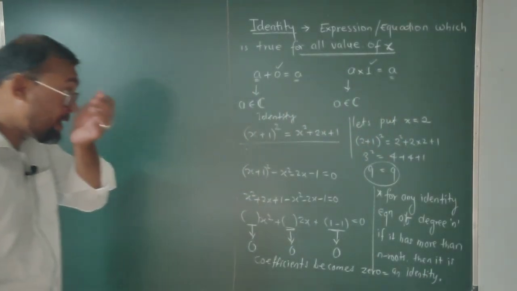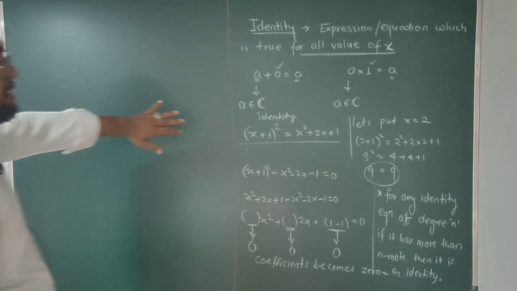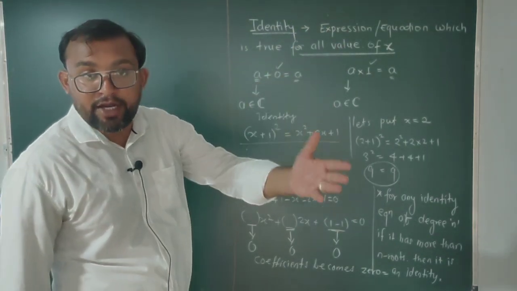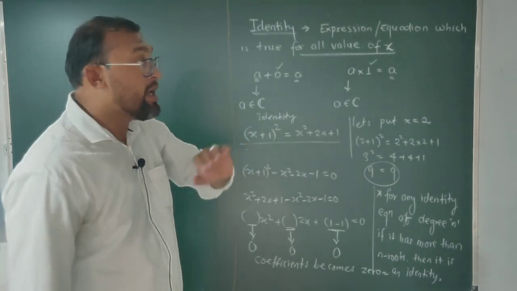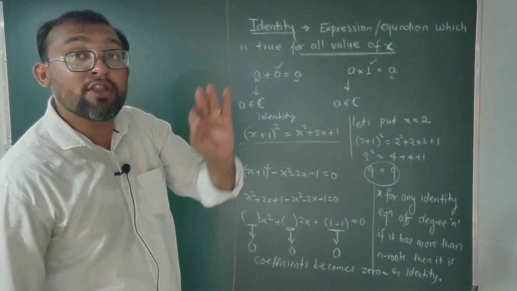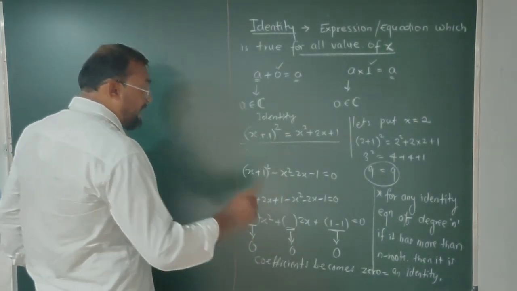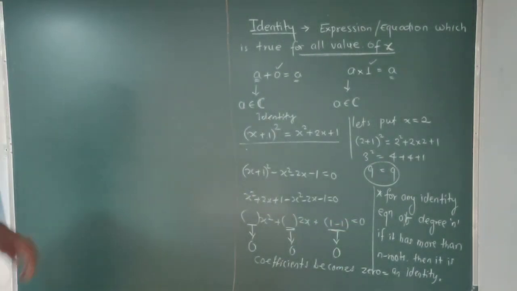You have to remember that identity is something which is true for all the values of x, and if it is true for all the values of x, it means that if it is a quadratic equation, it has more than 2 roots, then it is an identity. If it is a cubic equation, it has more than 3 roots, then also it is an identity. If it is a power 6 equation, it has more than 6 roots, then also it is an identity. By default, it means the coefficient of each term is 0. This is the most important point regarding the identity.